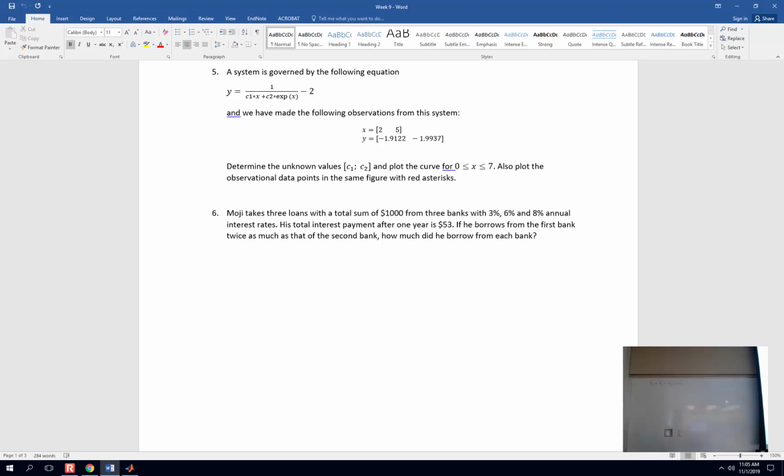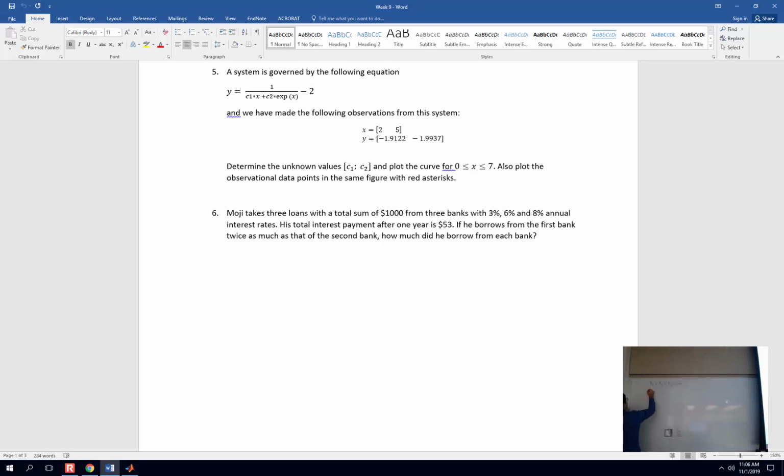My total interest, so each one of them, 3% on x1, 6% on x2, and 8% on x3 is the interest rate. Is that correct? Summation of my interest payment after 1 year is $53. Right? So 3% of x1 plus 6% of x2 plus 8% of x3 is $53.